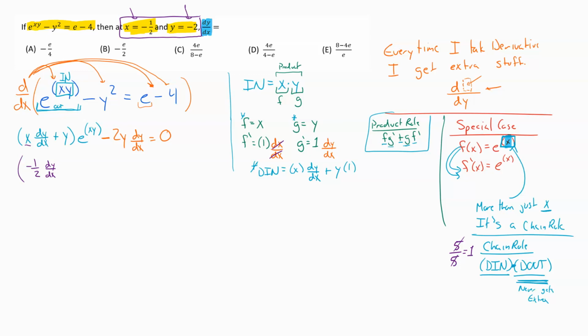So instead of a plus, I should make that a -2 right there. And then I'm going to get e raised to the x, which again is -1/2, times y, which again is -2. And then minus the 2 that was a part of the problem, plug in my y, which is -2, and then dy dx, and all of that equals 0 still.